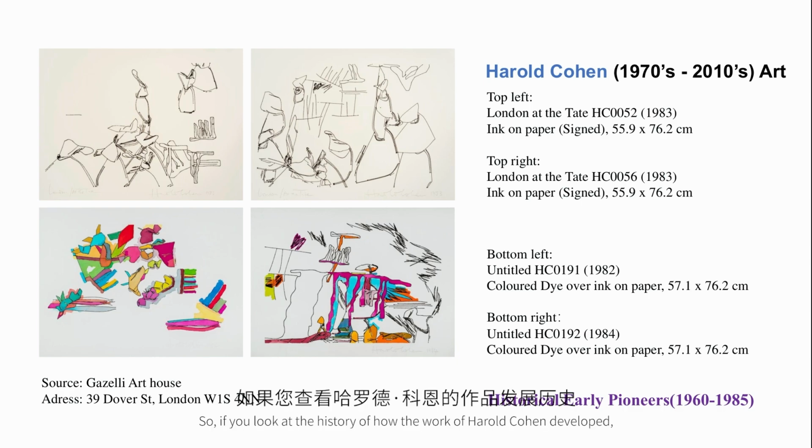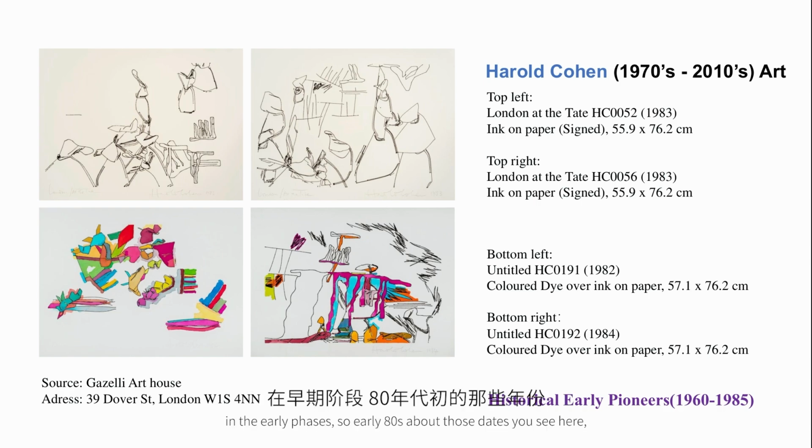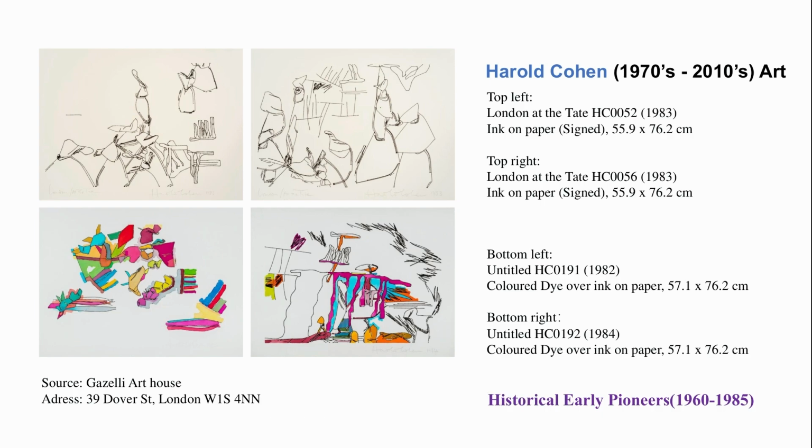So if you look at the history of how the work of Harold Cohen developed, in the early phases, early 80s, about those dates you see here, the color schemes and the coloring is done by the human artist.